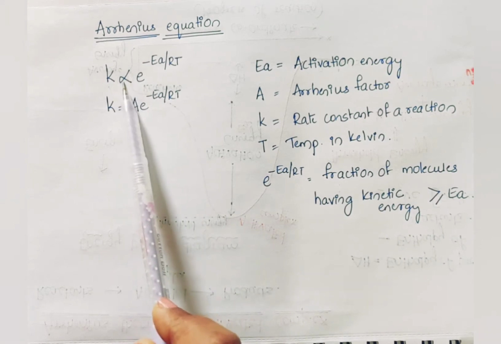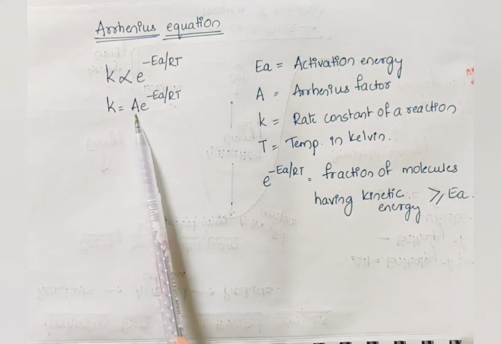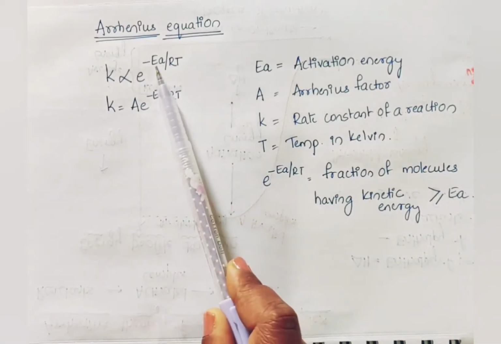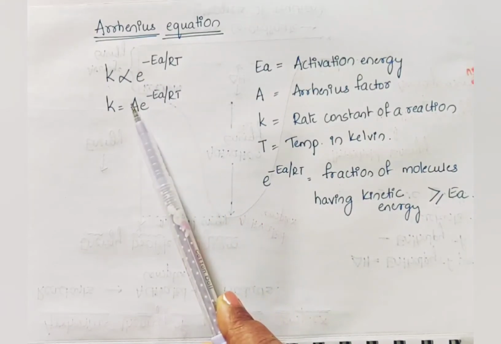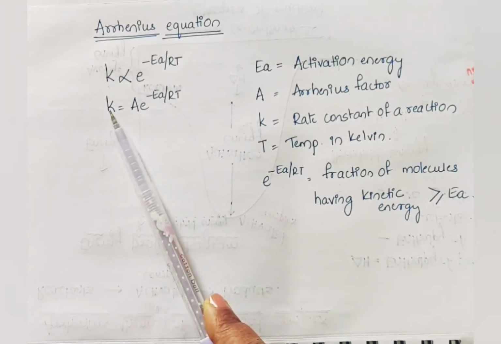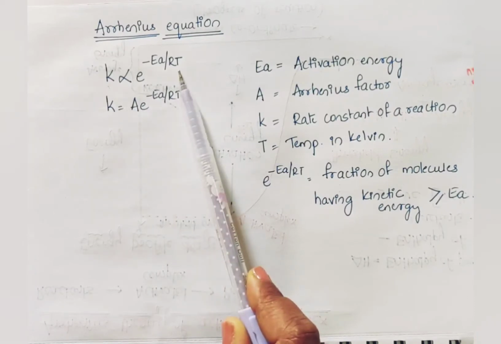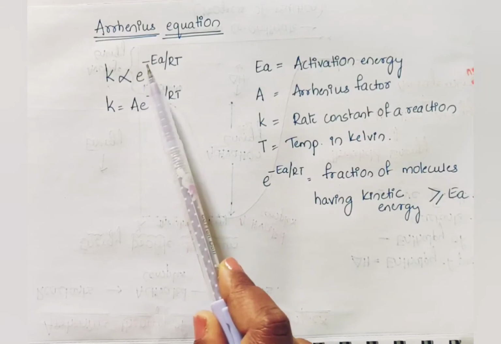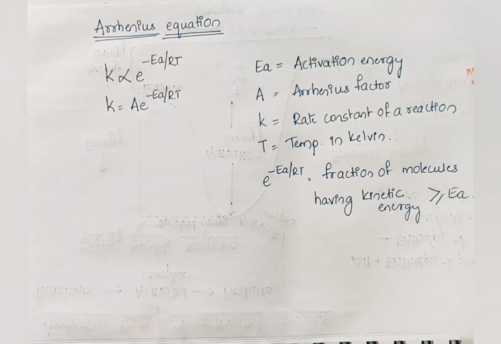If I remove the proportionality sign, I introduce a constant A, called the Arrhenius factor. So EA here is activation energy, A is the Arrhenius factor, K is the rate constant of a reaction, T is the temperature in Kelvin, R is the gas constant, and e raised to minus Ea upon RT is the fraction of the molecules having kinetic energy greater than or equal to the energy of activation.